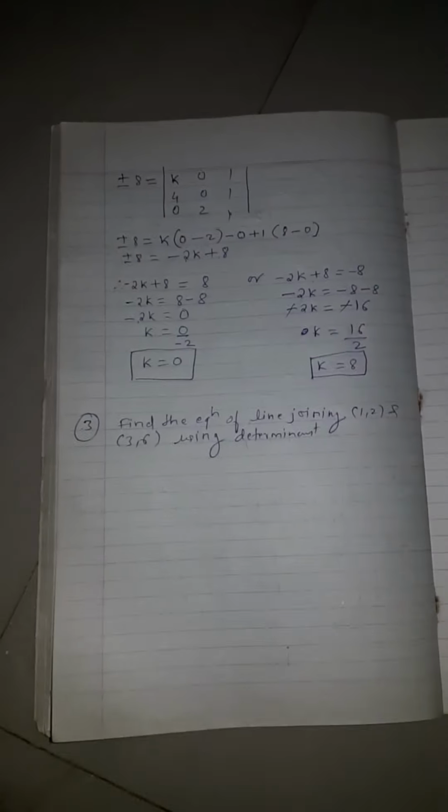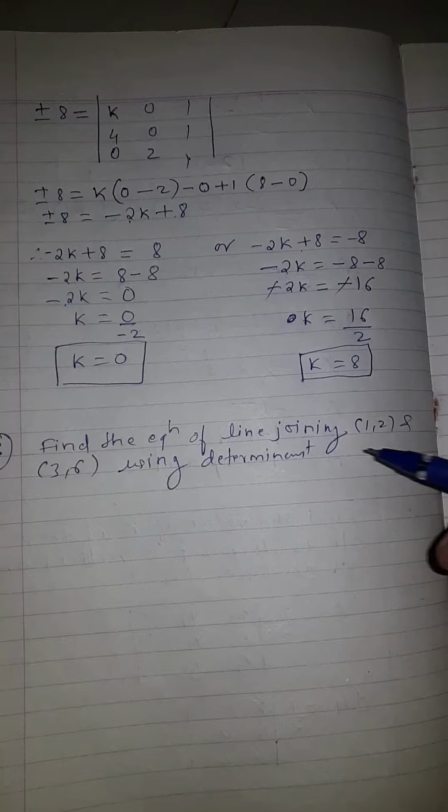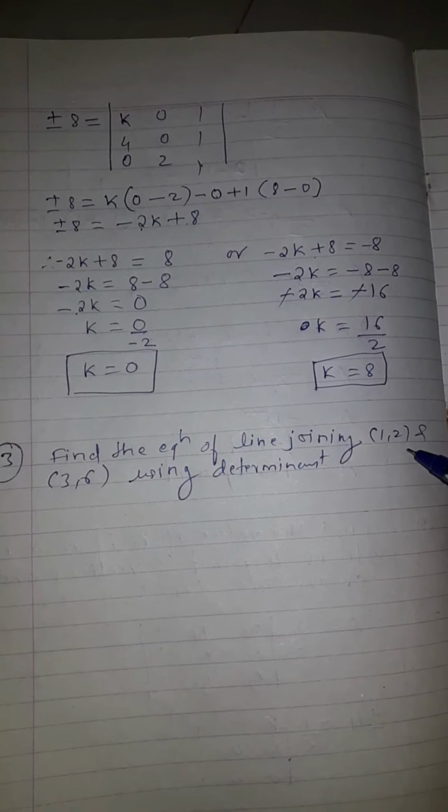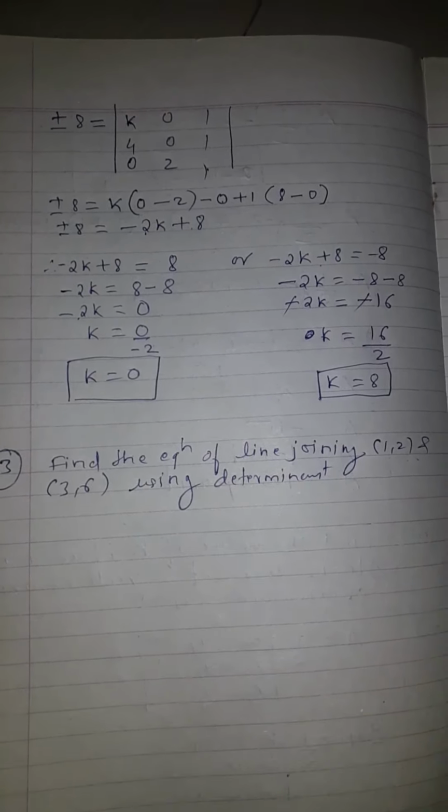Okay, so this is the third type of problem. Find the equation of the line joining the points 1 2 and 3 6 using determinant.